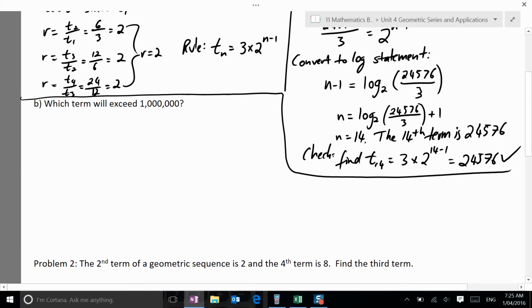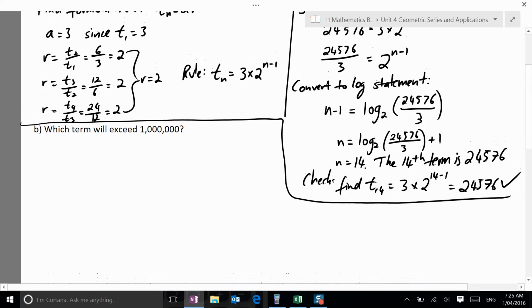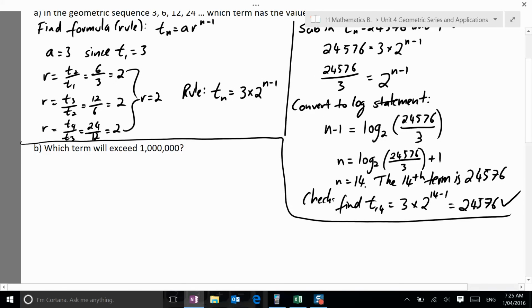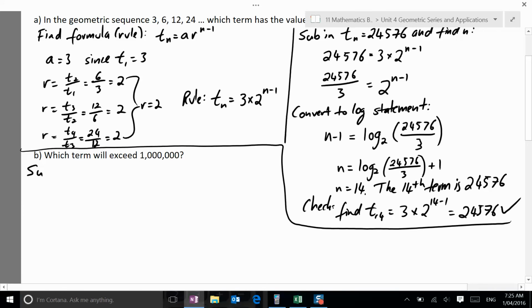Alright, which term will exceed a million? Okay, so pretty much the same problem as before. I'm going to sub in general term of a million and see what n value, what term that will be. I'll sub it in just as per usual, solve as per usual, dividing all by 3.